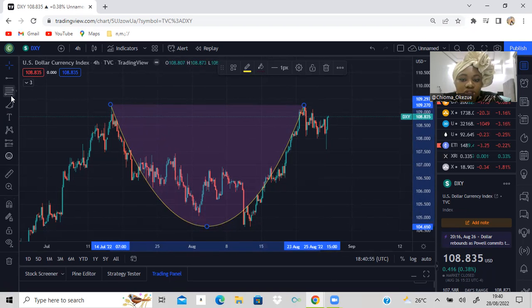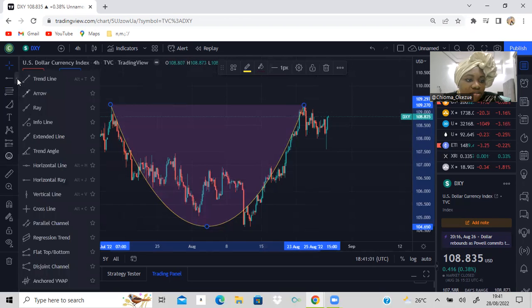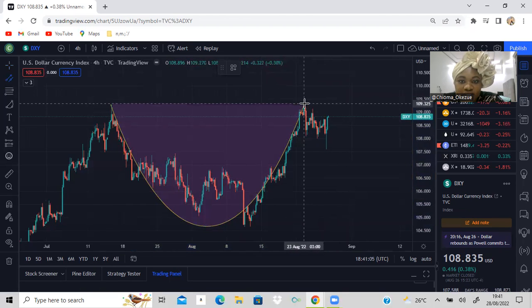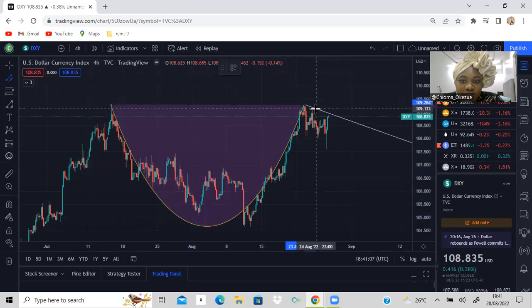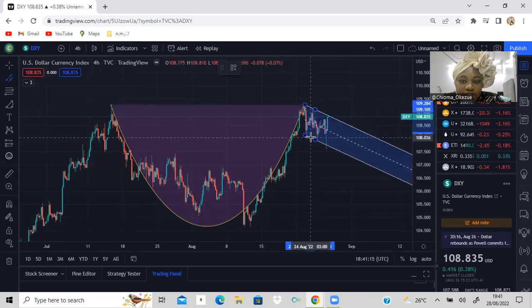Yes. And then if I want to do the handle, I usually use the parallel channel. Make it touch 2 or 3 points and drag it down there.